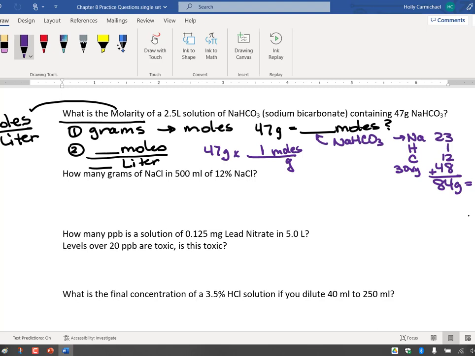So moles gets the 1 and grams gets the 84. 47 divided by 84, and I got 0.52381. That number goes on the top in molarity.